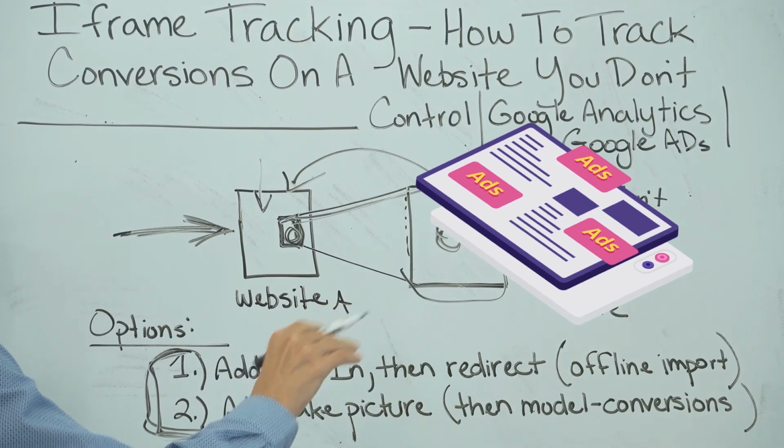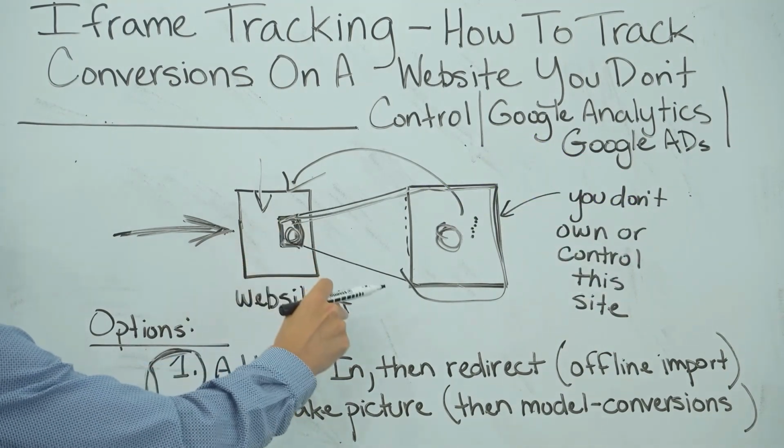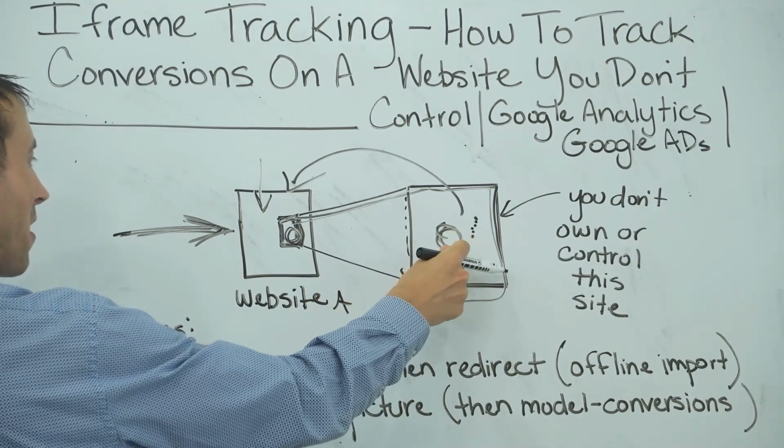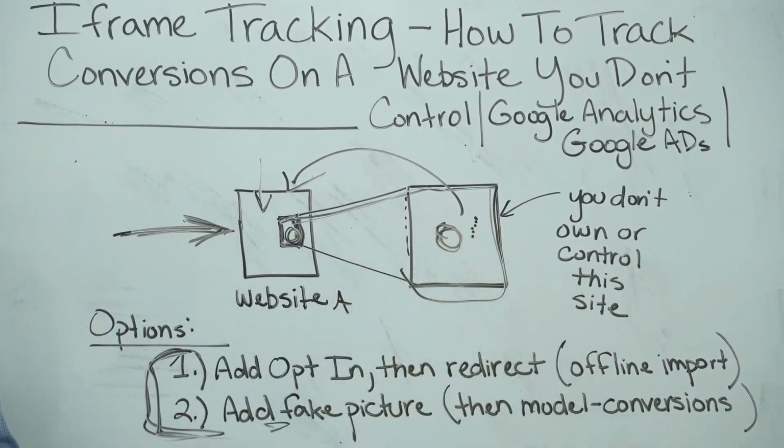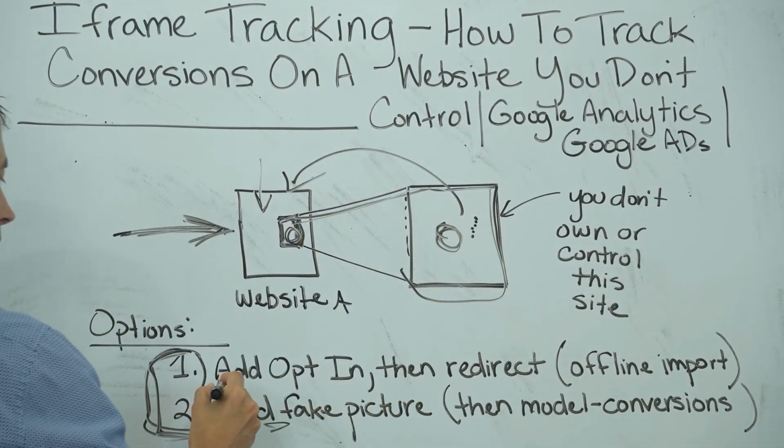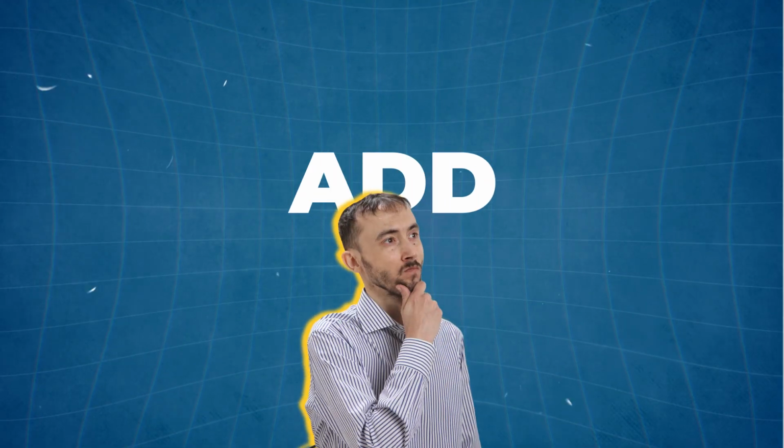Your first option for tracking activity within that iframe, if you cannot add additional supplementary code on the website that the iframe is within, is to add an opt-in.